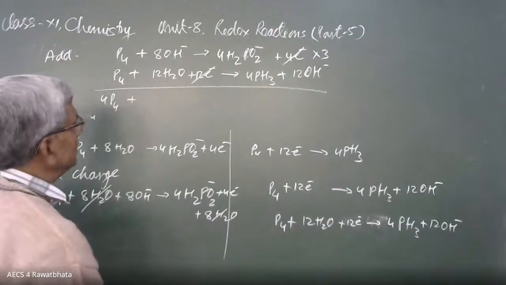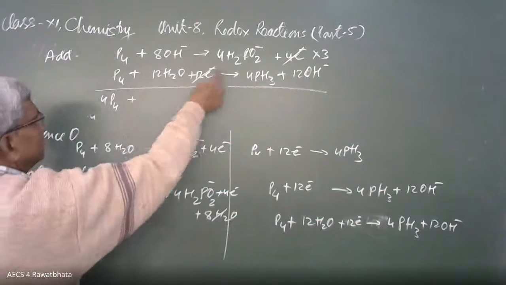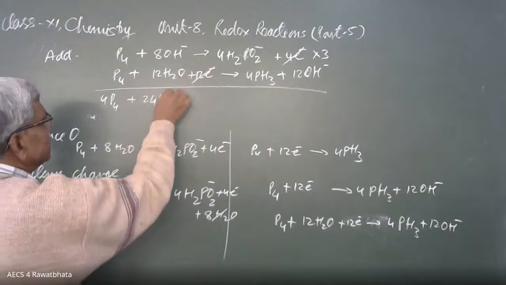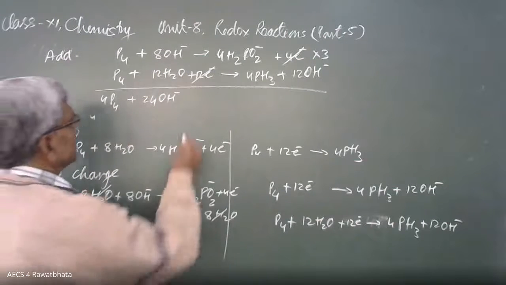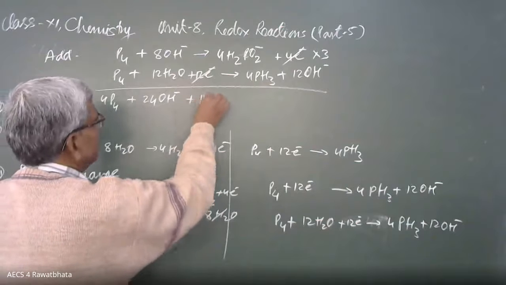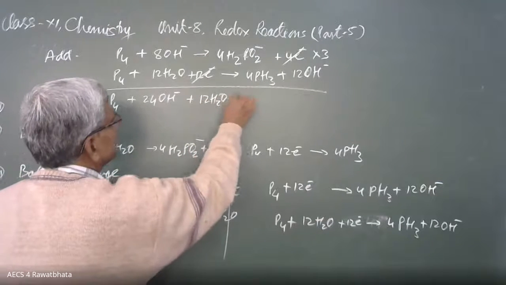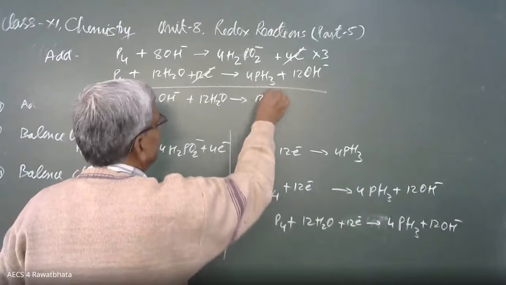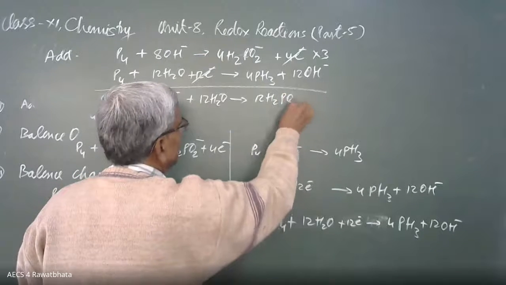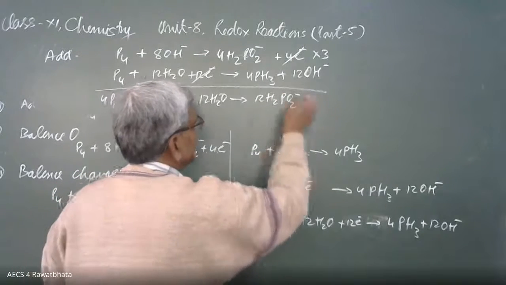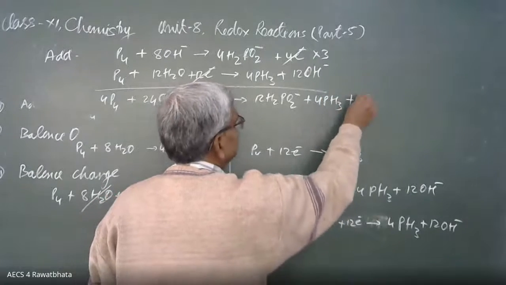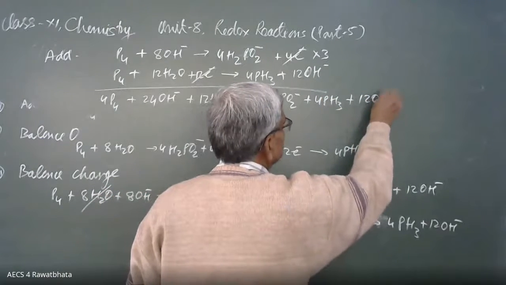Okay, one more thing we can do. 8 times 3 is 24 OH minus plus 12 H2O gives 4 times 3 is 12 H2PO2 minus plus 4 PH3 plus 12 OH minus.